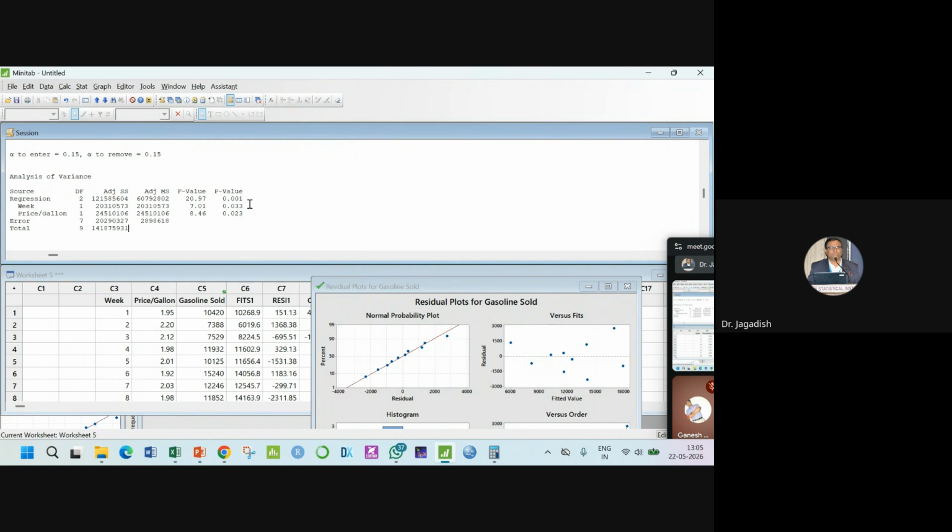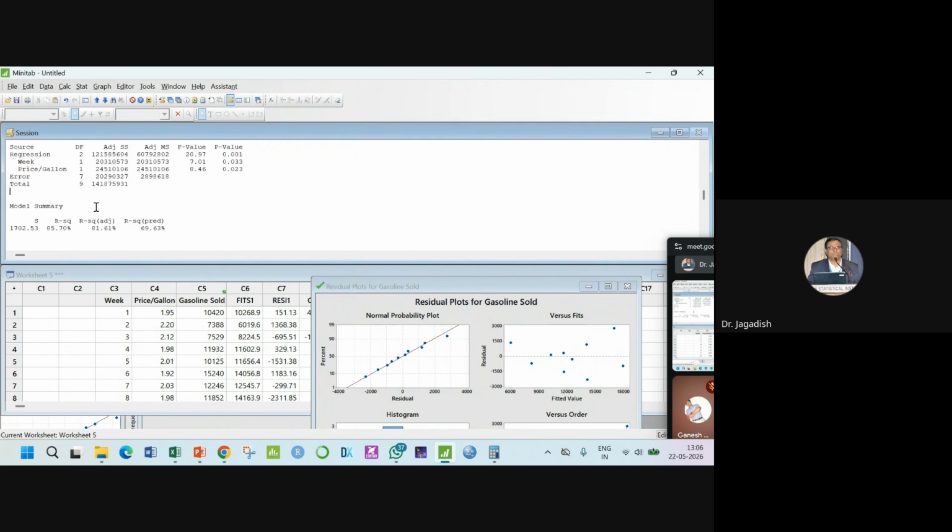So when I asked it to do the stepwise analysis, it has done the stepwise regression, and it has found that week is a significant factor and price is also a significant factor for this gasoline sold example, because the p-value is less than 0.05 for week as the x1 factor and price as the x2 factor, isn't it? So in this way, we can conclude that the factors week and price are both significant.